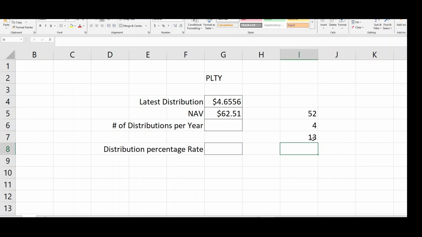So PLTY will pay out 13 times in 1 year. So we enter that into our spreadsheet, and once I enter this, it's going to calculate what that distribution percentage rate would be, and we'll see if the two match. So it's calculating 96.82%. And let's check out the website and see what it states there.